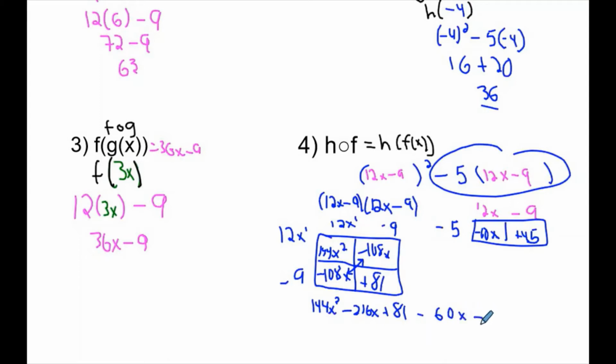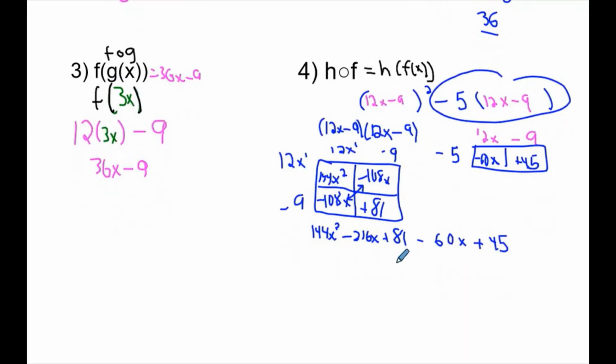And so what I want you to notice is that this problem was difficult, not because of the substitution. The substitution has already occurred in the first step. It's the order of operations that we've been learning since Algebra 1, which is making this problem longer. So my like terms, I don't have any extra squares, so I just have 144x squared.